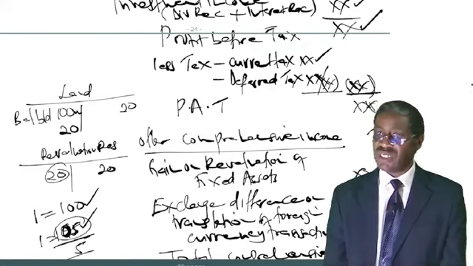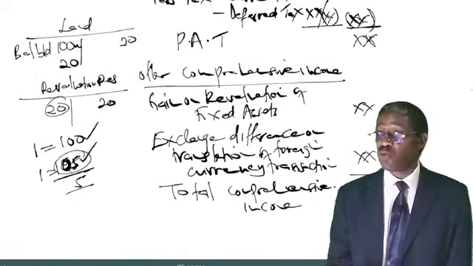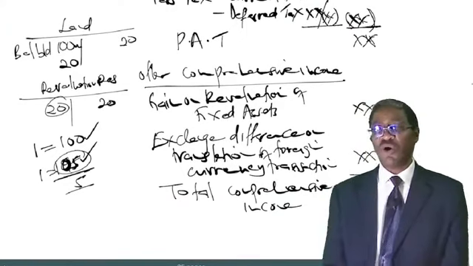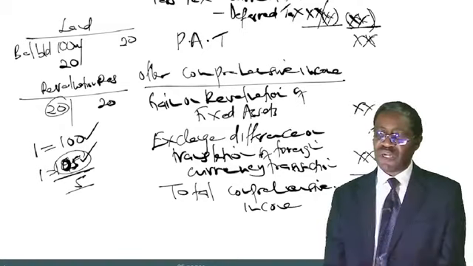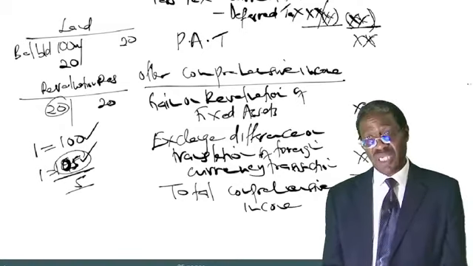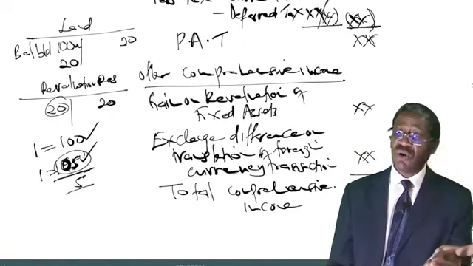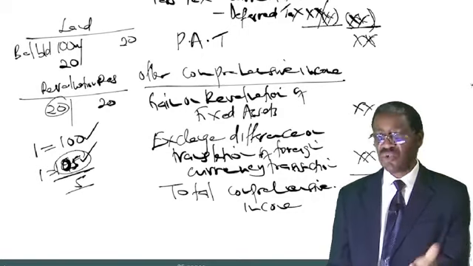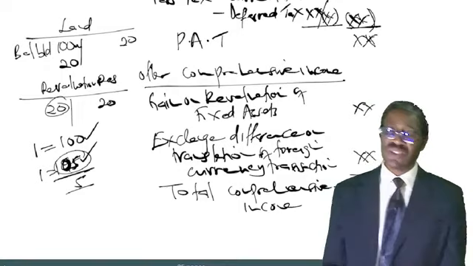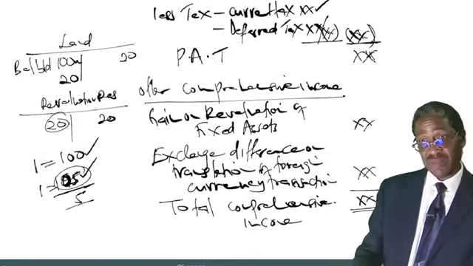Then, if the question is asking you to prepare a statement of profit or loss and other comprehensive income, or just statement of comprehensive income, then you show other comprehensive incomes, whichever they are. I've given you two examples: gain or loss on revaluation, and exchange difference on translation of foreign currency transactions. Good. Now, I'm through with that.